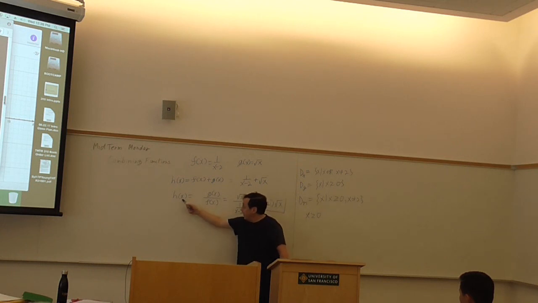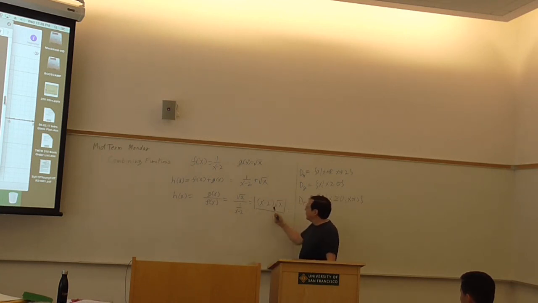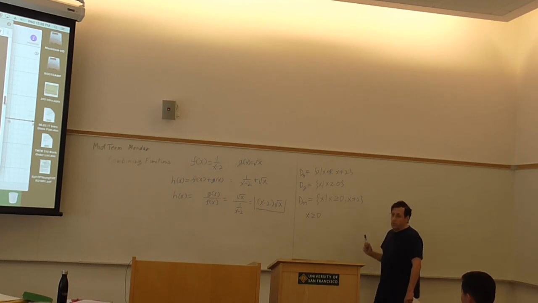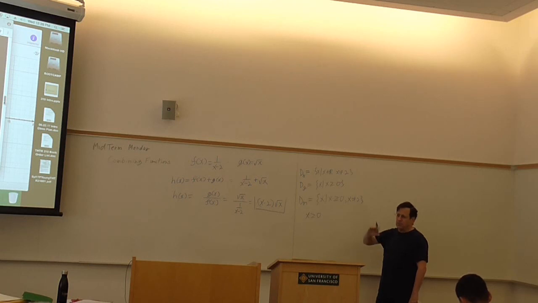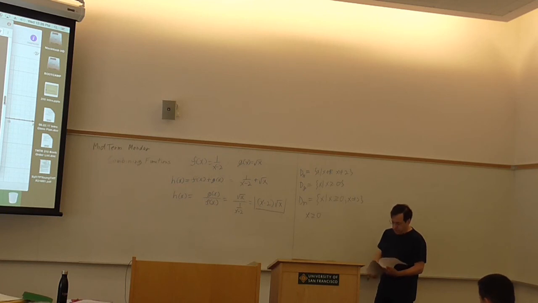And since we create h of x as g of x over f of x, it's not defined there. I mean, this expression is defined there, but our function is not. So again, we're going to end up with this same domain. This seems a little odd, and if you're just used to taking those algebraic expressions and manipulating them and not thinking, you're going to miss this. But this is an important thing about functions. Okay.